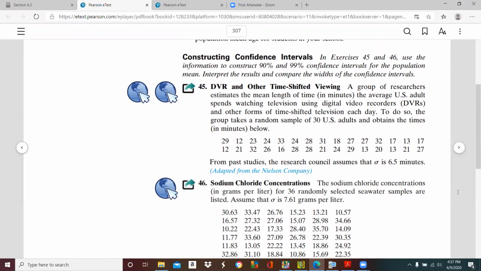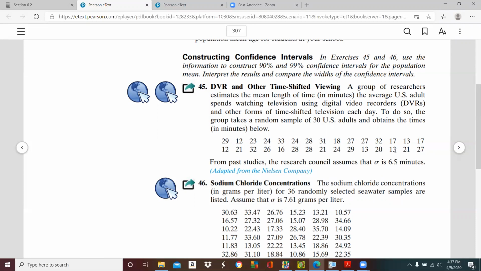So if they give you data like this, and they're asking you to do a confidence interval, you have to enter it into your calculator as a list. And then go to one variable statistics and find X bar, the sample mean. Now, they're telling you in this case, from past studies, we're using sigma as 6.5 minutes.